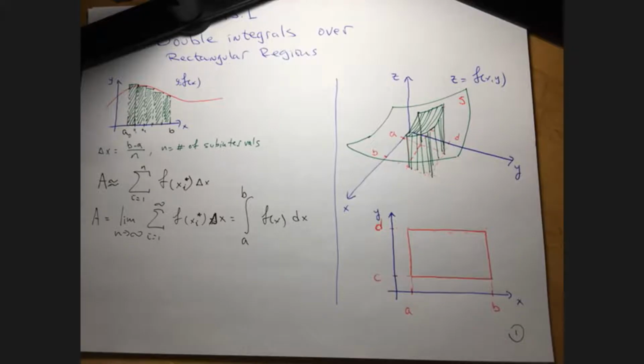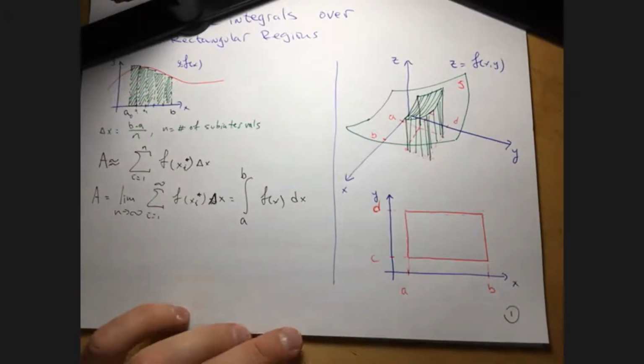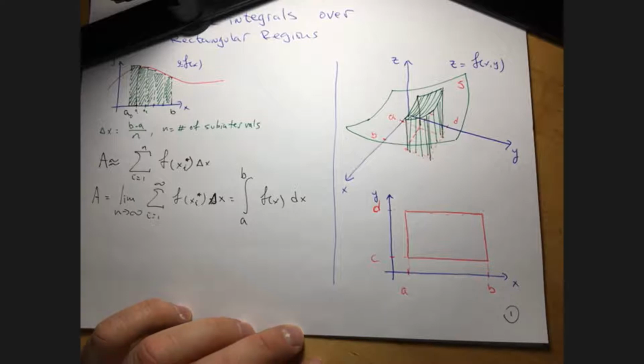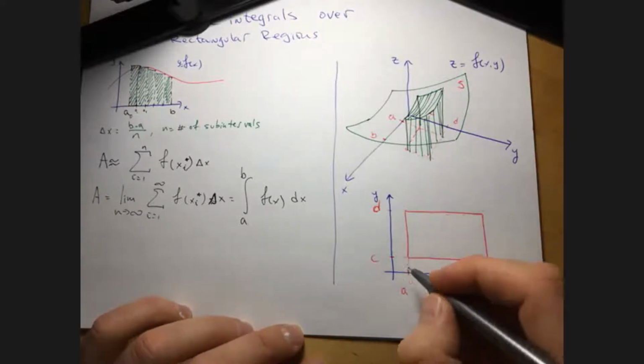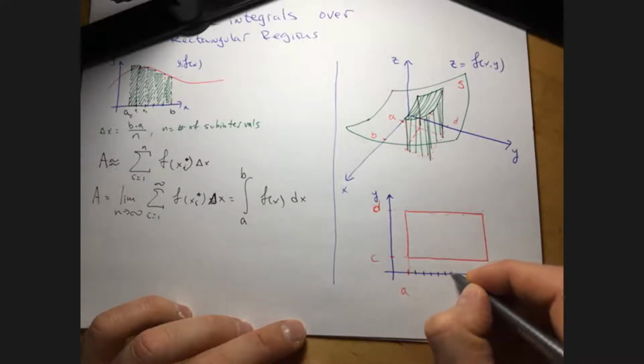I can find the expression for n terms, and once I do that, I can take the limit as n goes to infinity. As a matter of fact, here it's going to be slightly different. It's not going to be only n terms, but also, well, you'll see. So let's divide the interval AB into n subintervals.